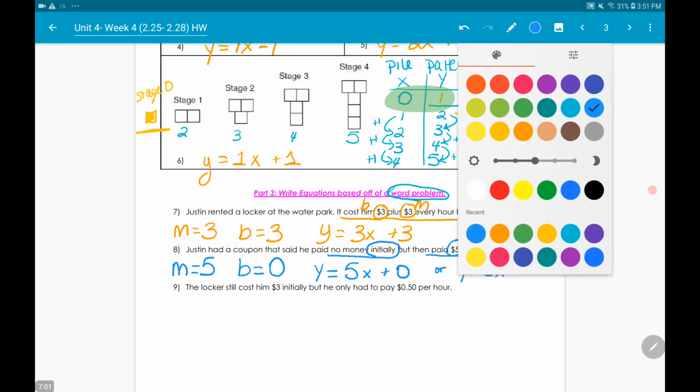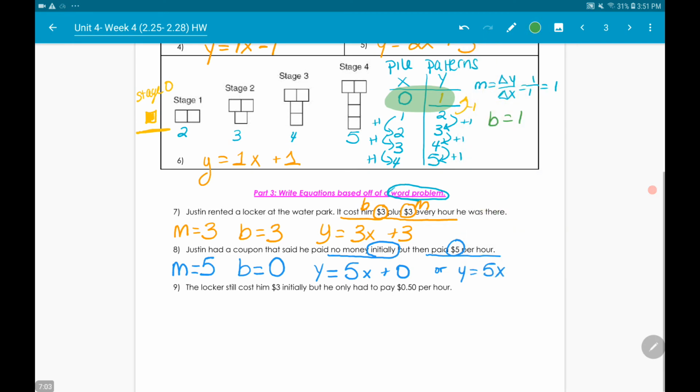And number 9. The locker still cost him $3 initially, but he only had to pay 50 cents per hour. So alternate scenario, what is the slope?